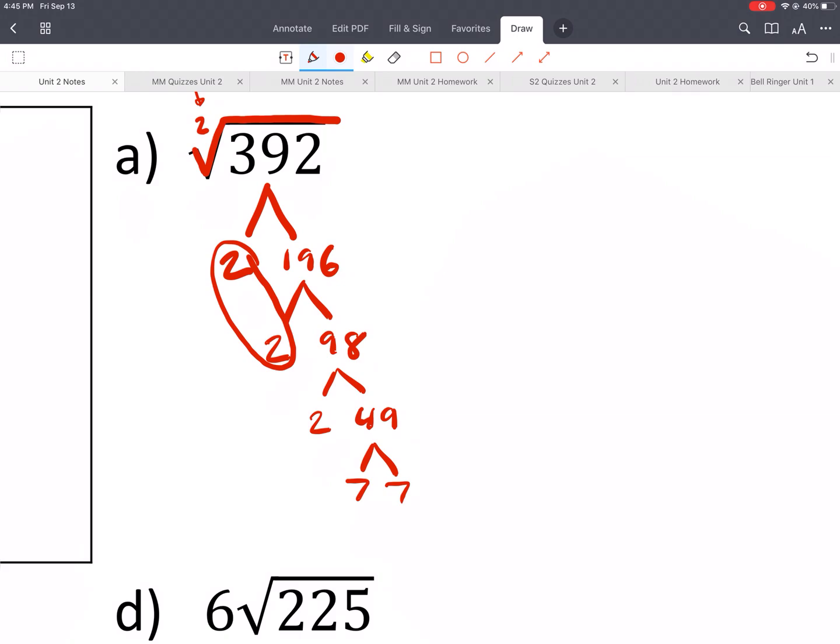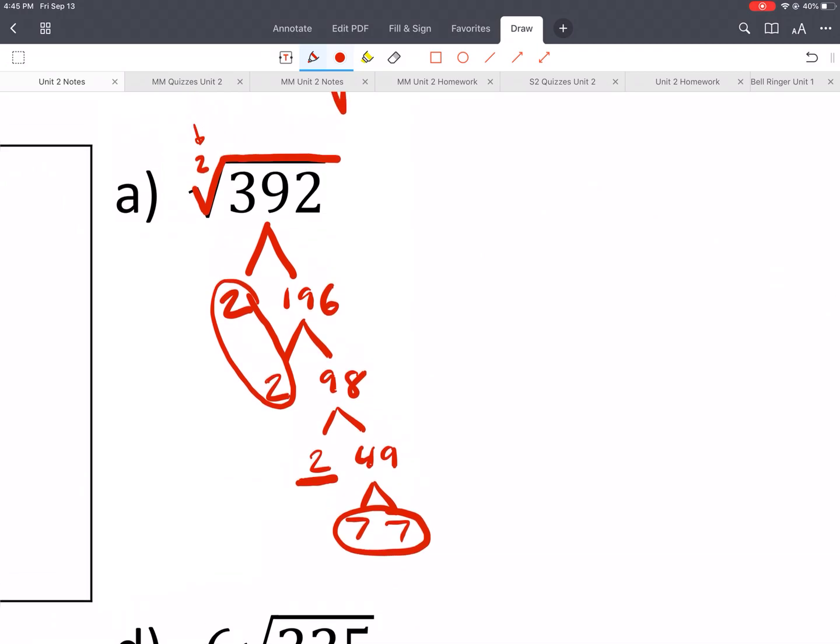So there would be a group of 2, another group of 2, and then this 2 would be all by itself. So basically we are doing the square root of 2 times 2 times 2 times 7 times 7. But we know what the square root of 2 times 2 is. The square root of 2 times 2 is the square root of 4, which is just 2.